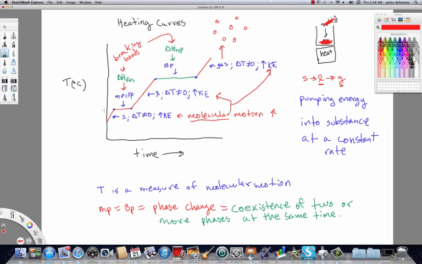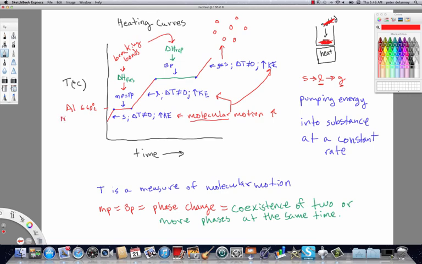Now, to put some perspective on this, if our substance was aluminum, the melting point down here is about 660 degrees centigrade, and we would be breaking metallic bonds to go from the solid to the liquid.